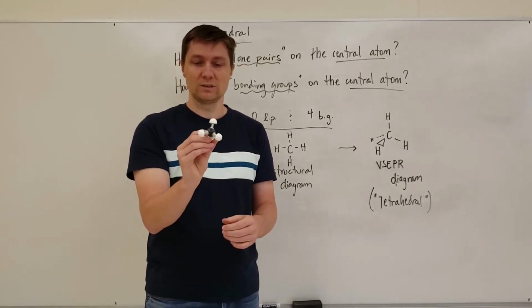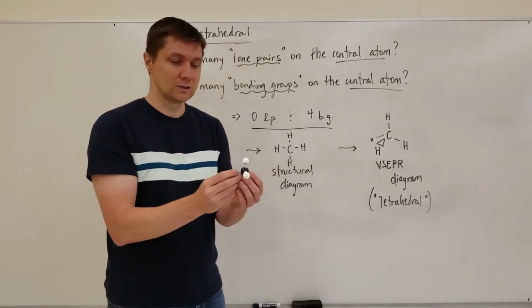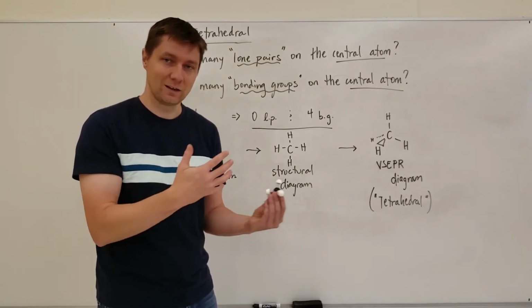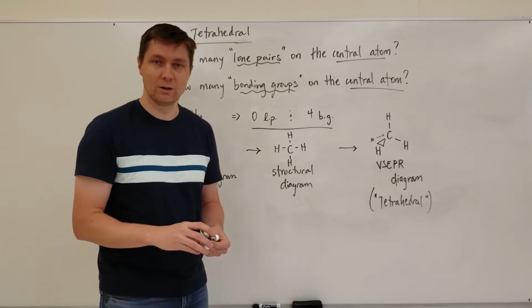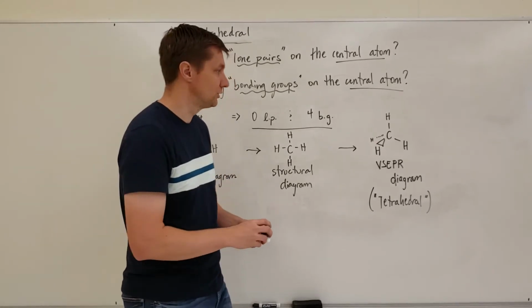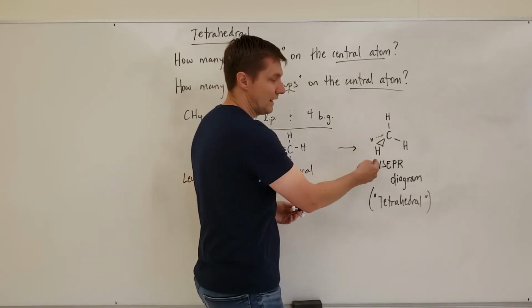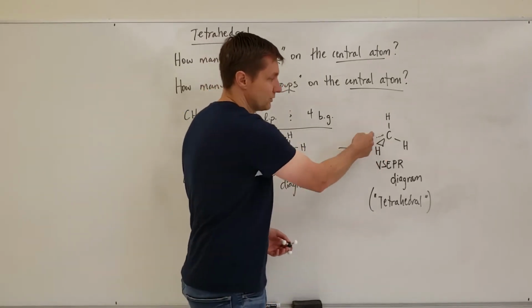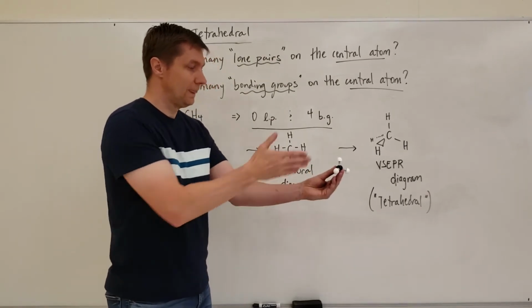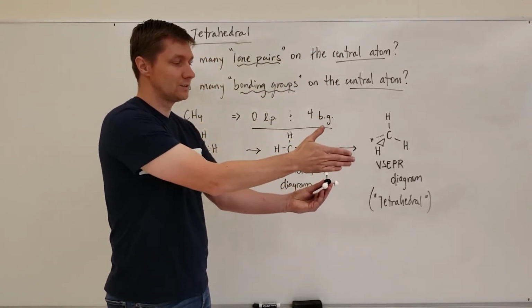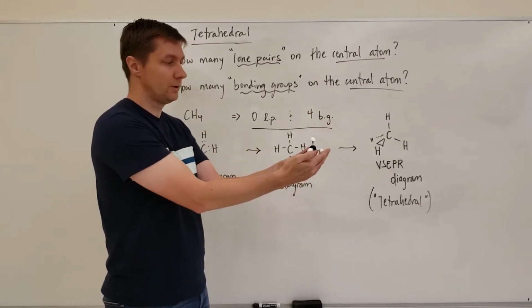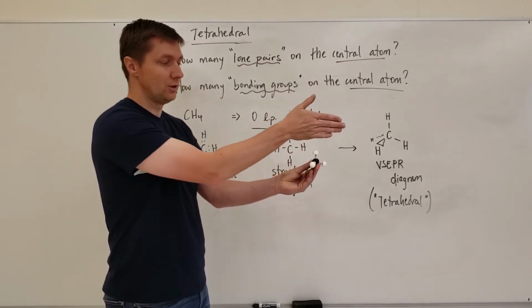And so the way that we see this shape is now how we have to draw it on the page, which is, again, kind of like the previous example, trigonal pyramidal, a little tricky because we do have a couple here that are coming in and out of the page. So again, you can see this one comes out of the page, so I use the wedge. This one goes into or behind the page, so I use the dotted lines for that. And so if my hand is the page like this, you can see that this hydrogen is in the plane of the page, this carbon is in the plane of the page, and this hydrogen is all in the plane of the page.